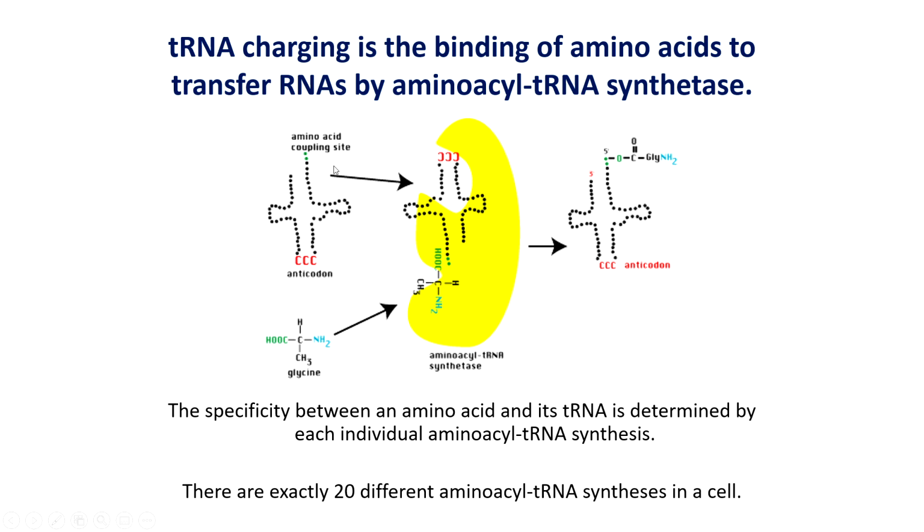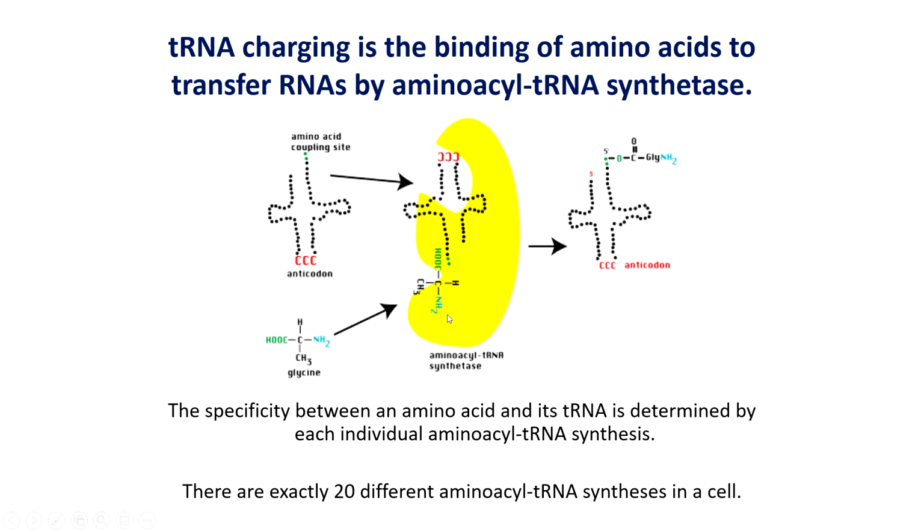The enzyme that charges tRNAs, or links an amino acid to it, is called the aminoacyl tRNA synthetase. And it has 2 active sites, one where the tRNA binds and the other where the appropriate amino acid binds. And so every tRNA has a unique shape that will fit into a unique tRNA synthetase.